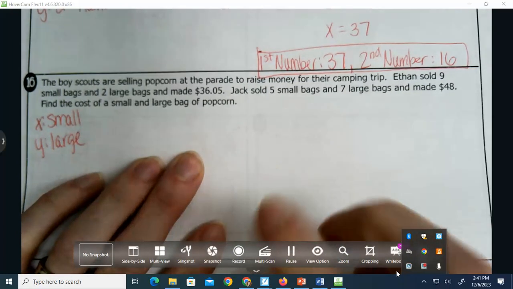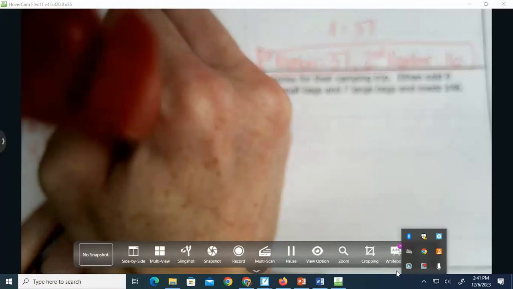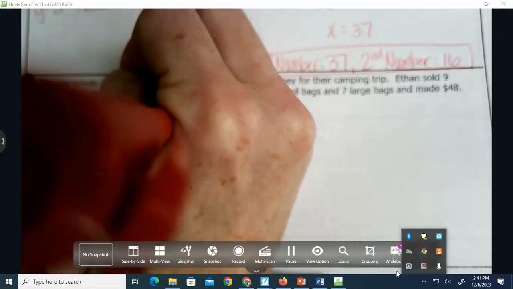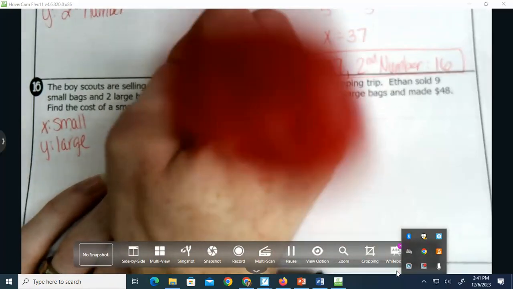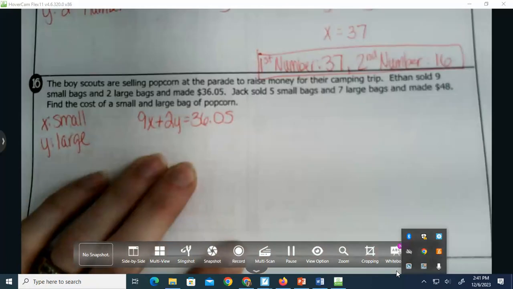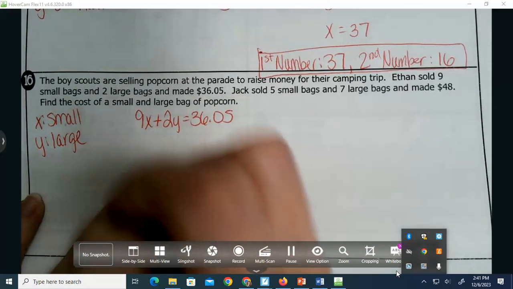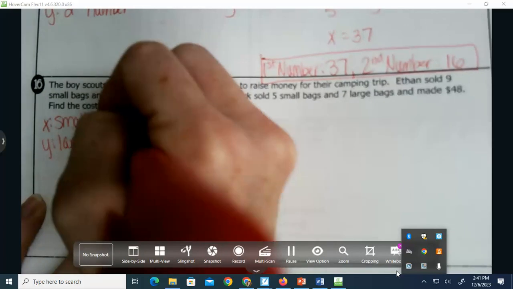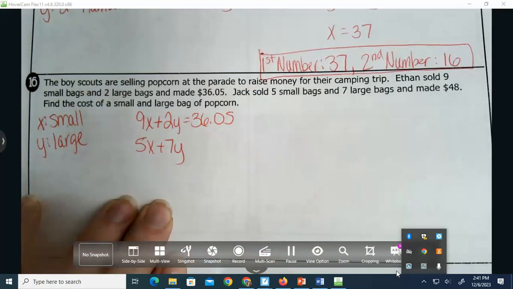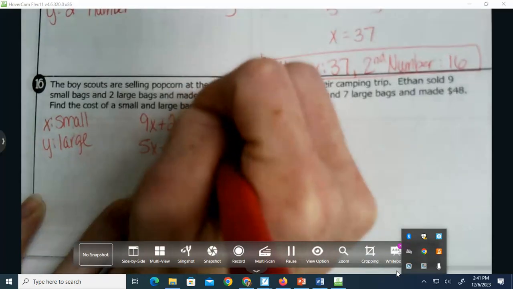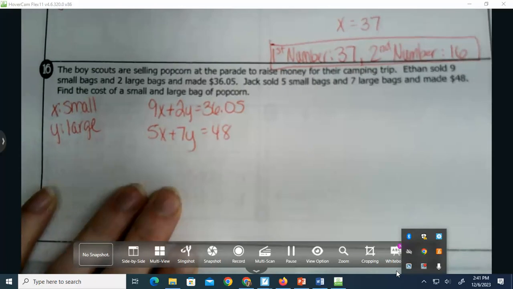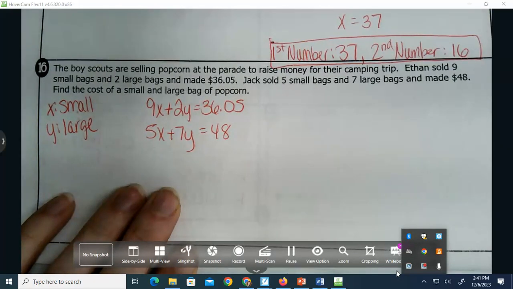So the first equation, 9x plus, okay. Second equation, Jack sold 5 small and 7 large and made $48. Okay. Did you guys get that part?